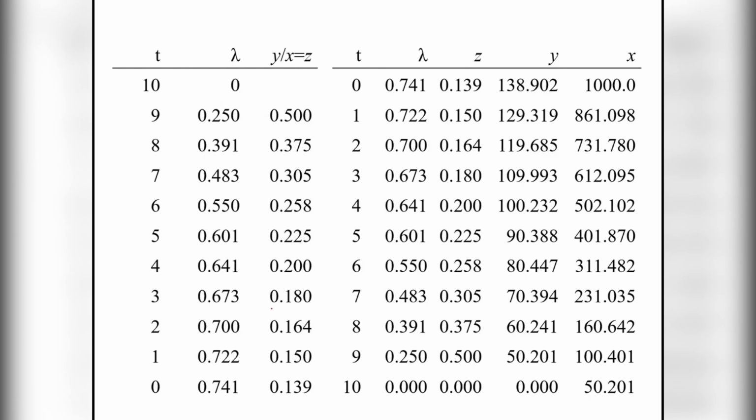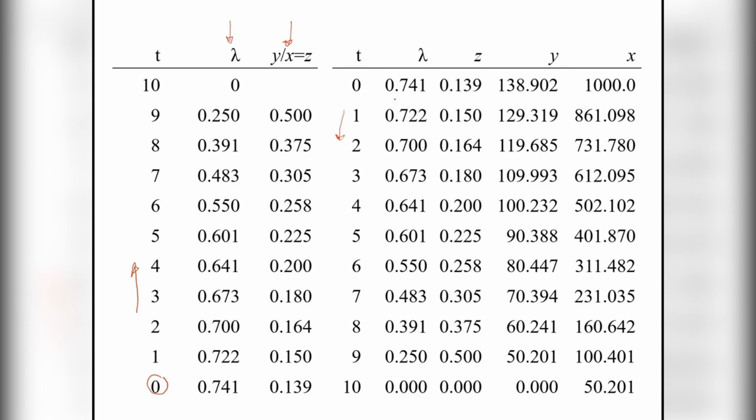So we basically end up determining this column first, followed by this column. Then we reverse this column. We reverse these numbers in the first three columns, so that instead of going from 0 up to 10, it's going to go from 0 down to 10.